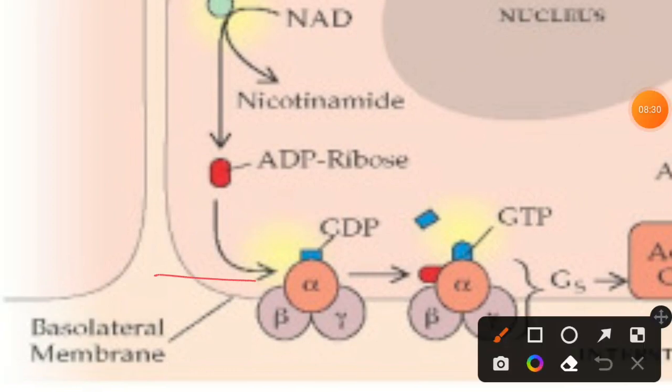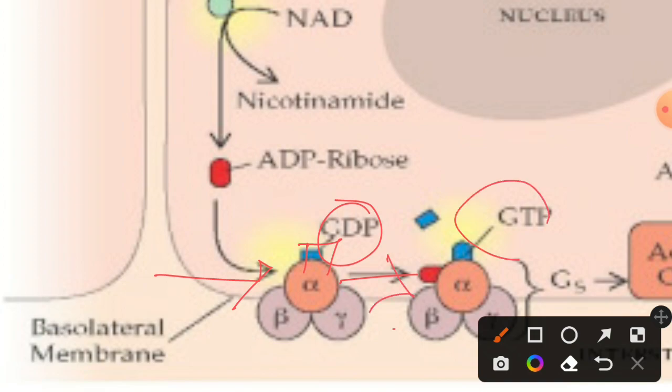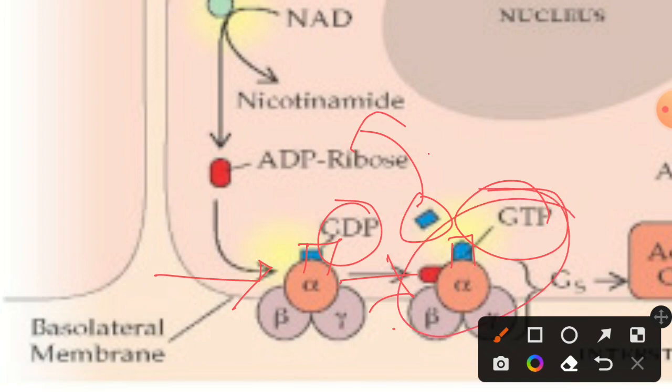Now let's see here. I have told you that G alpha is with GDP when it is in the inactivated state. When it is required, it will take GTP instead of GDP. GDP is getting lost, so under such circumstances it is activated, and as it is activated, it is obvious that it will activate adenylate cyclase.